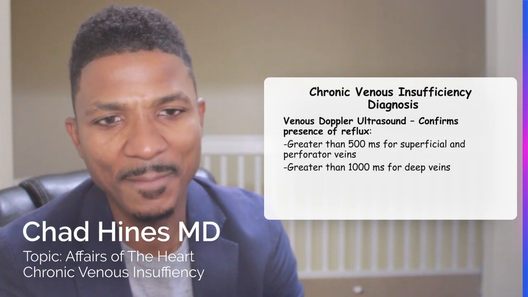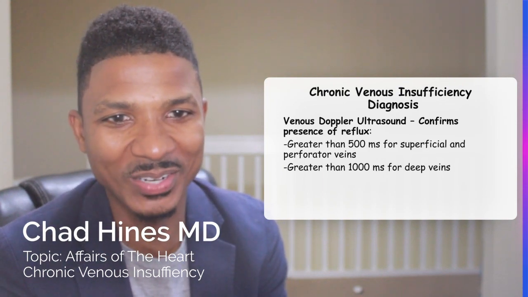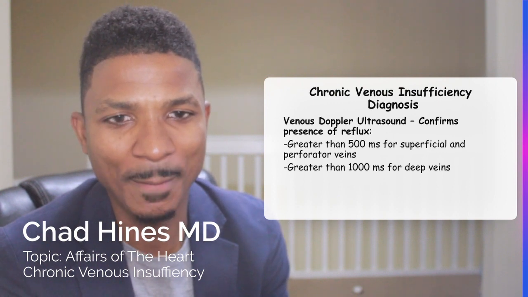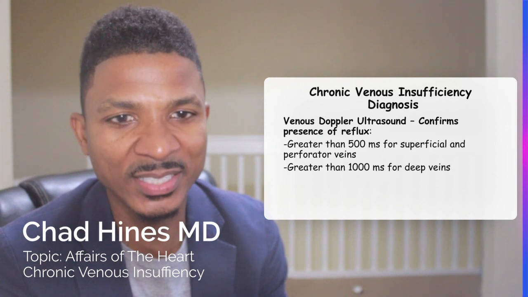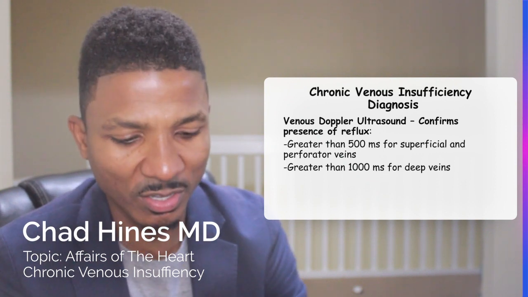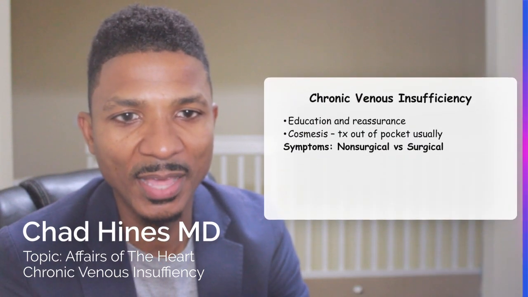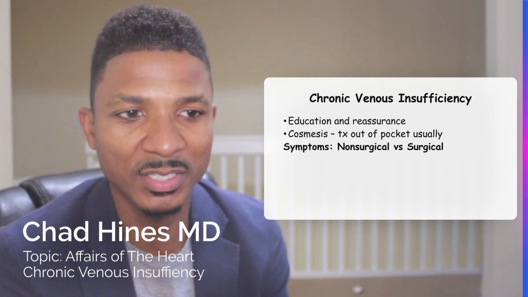For those persons who are interested in the medical diagnosis, one of the tests that can be done is an ultrasound of the legs to see how much backflow there is in the veins of the legs.